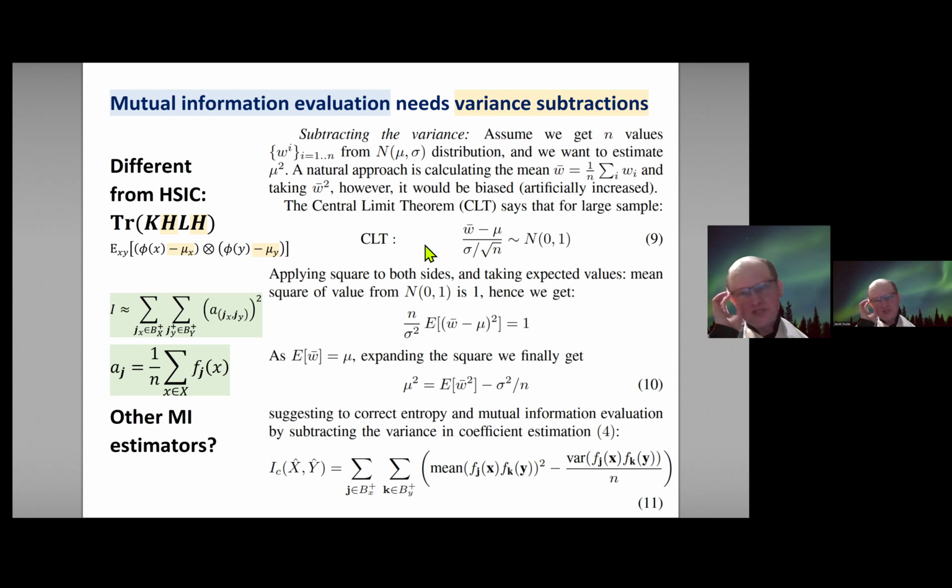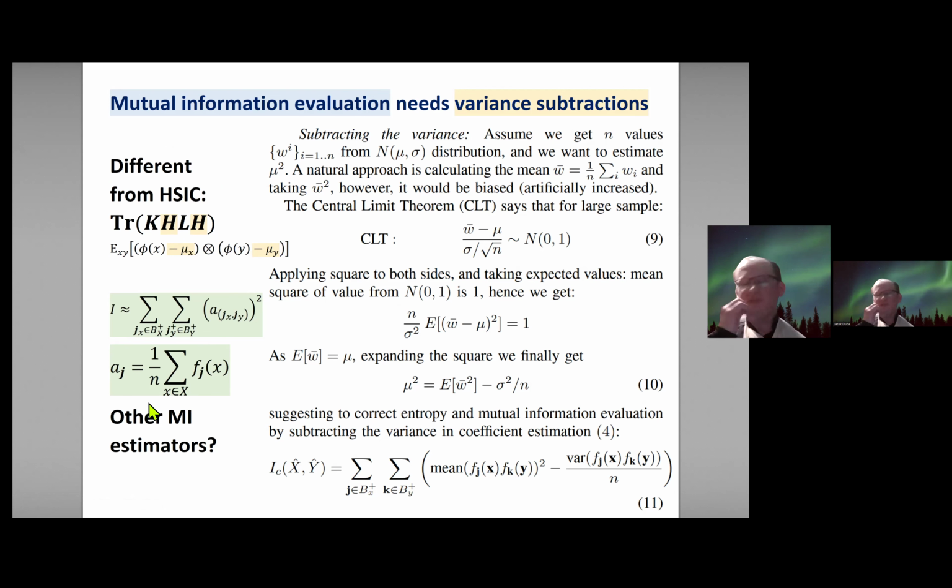Now there is a very subtle but important correction we should include. In HSIC, we also had these H matrices, with ones and minus one, which are tiny but should be included. Something similar applies to HCR, but it's completely different. Mutual information is a sum of squares, and each of them is an average.